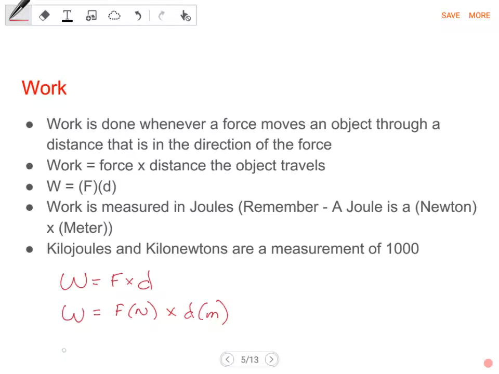When you multiply those together, you will get some number, let's just say 100. The unit for work is J for joules. Remember though, work is done when a force moves an object through a distance. It must move an object through the distance.